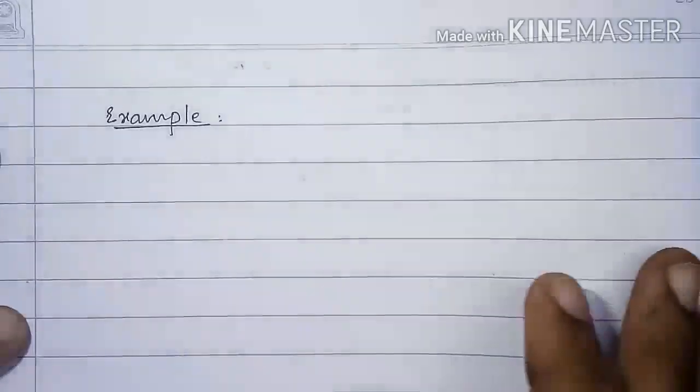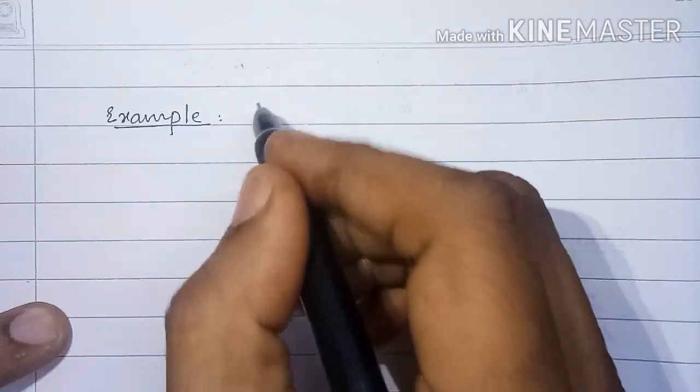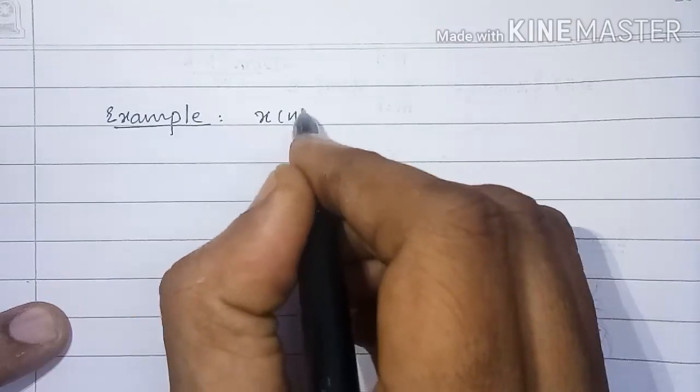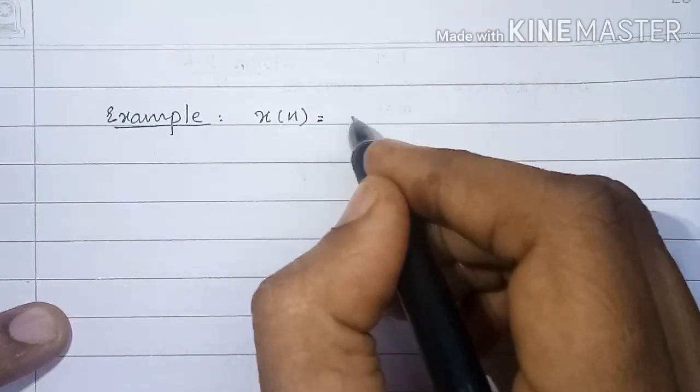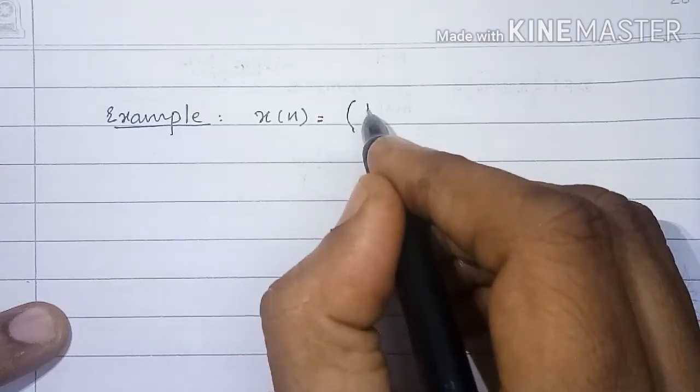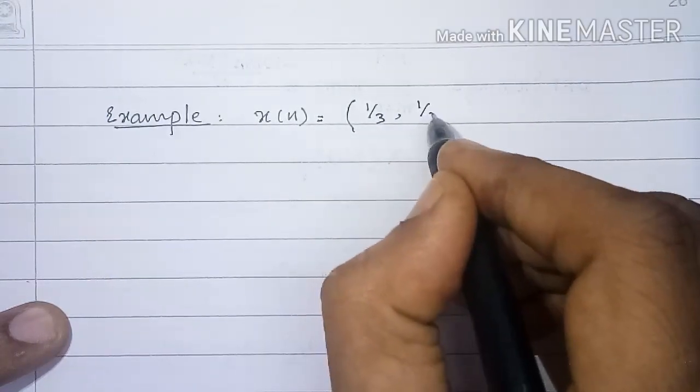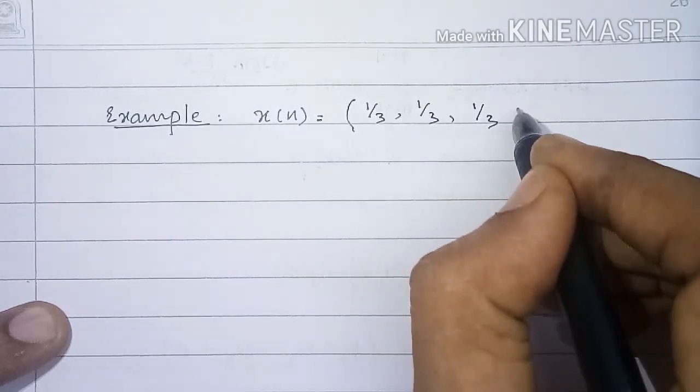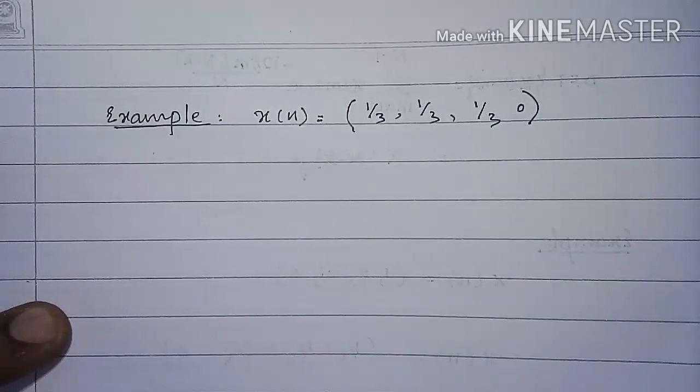Now we will verify the time reversal property of DFT. For that we will consider an example of x of n for which we have already calculated DFT, that is x of n is equal to 1 by 3, 1 by 3, 1 by 3, 0.